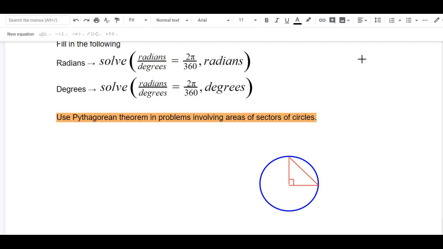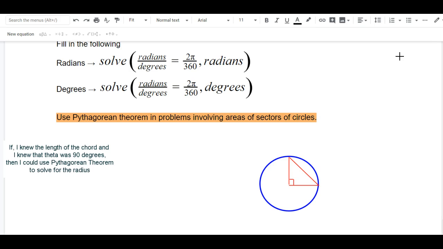So what I'd be saying here is, if I knew the length of the chord, and I knew that the angle theta was 90 degrees, then I could use the Pythagorean Theorem to solve for the radius, which we would need to know.